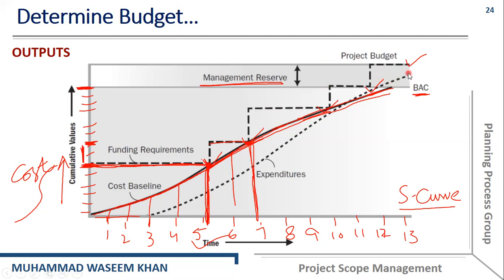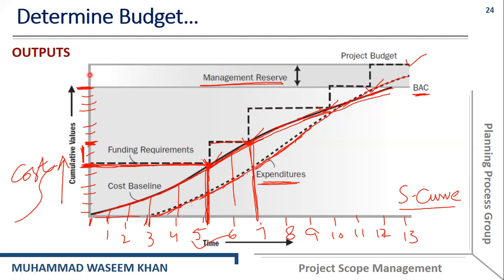So we can say that we have used about 40 or 50% of the management reserves, because we had decided to complete the project at the budget at completion, at this particular value, but we have completed the project at this value. That means we have used about 40% or 50% of the management reserves.